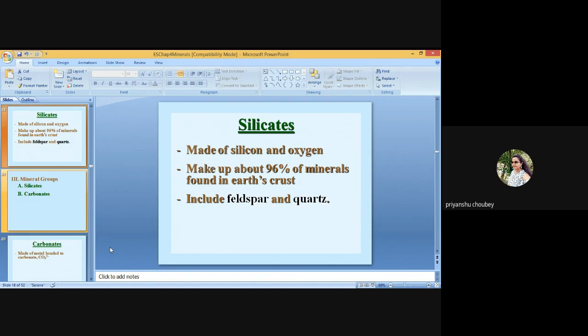Cyclosilicates: mineral group tourmaline, with ideal formula having Si6O18.